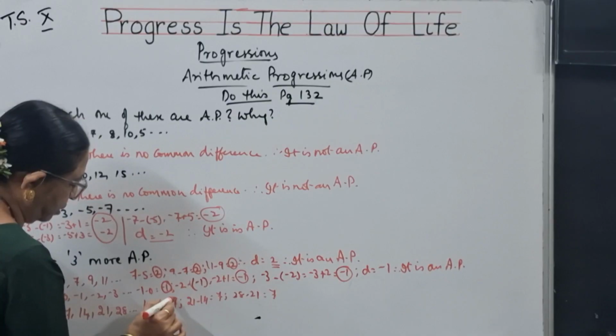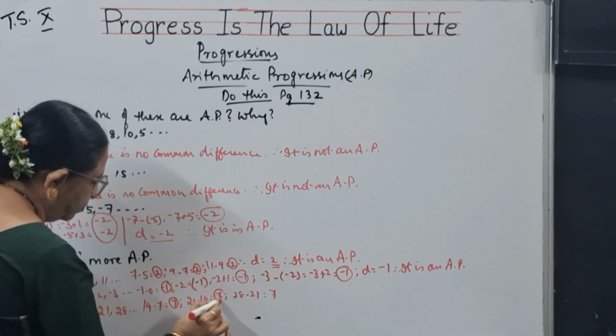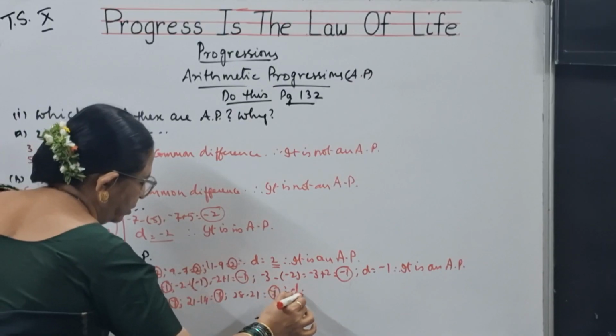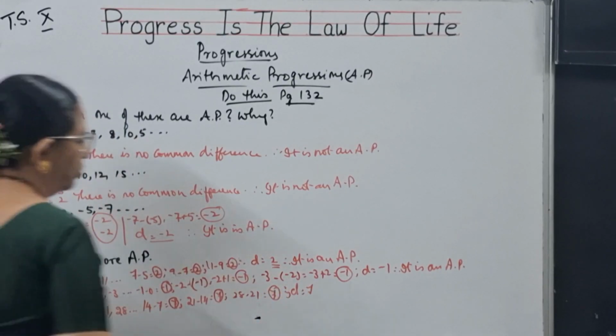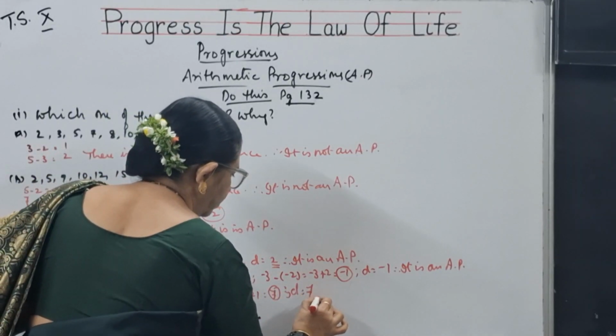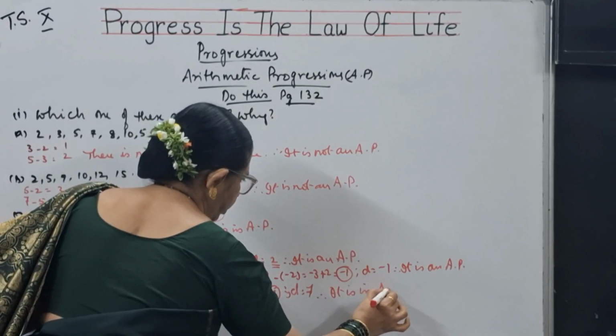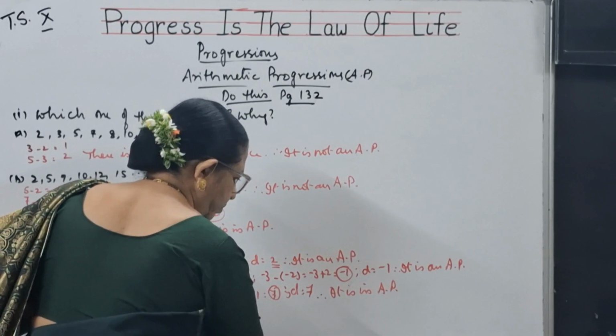So in all these cases, 7 is the common difference. Therefore, it is in AP.